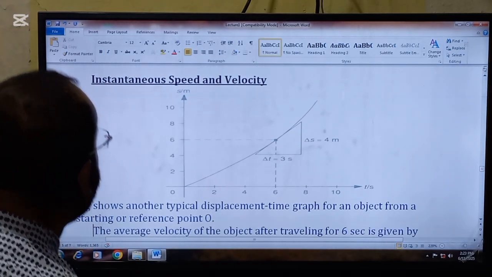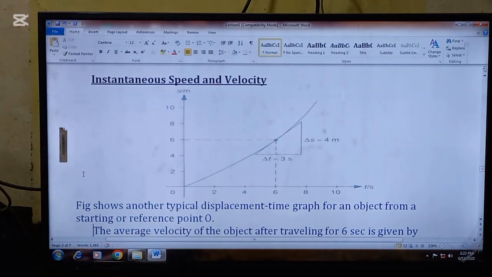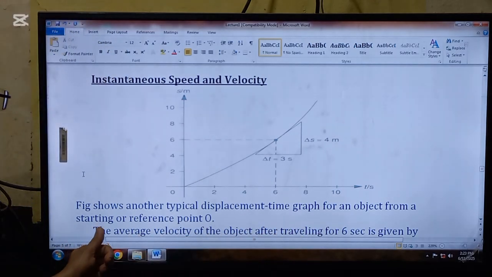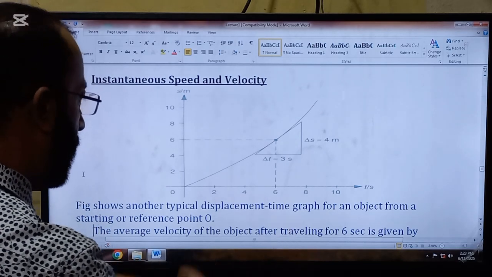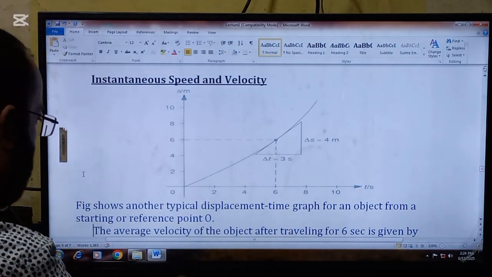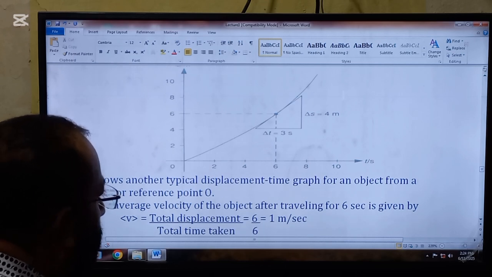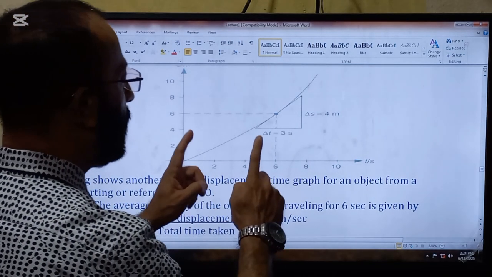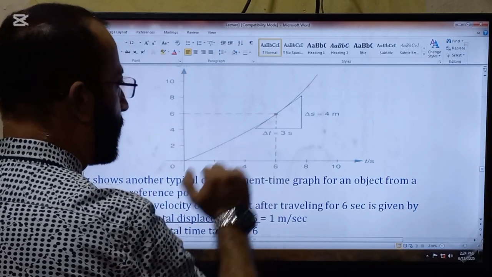The next thing which we are going to read is the instantaneous speed and velocity. Figure shows another typical displacement time graph for an object from a starting point or reference point O. So here is a distance time graph. The average velocity of the object after traveling for 6 seconds is given by. So look now, we are going to find the instantaneous velocity of the body at time 6 seconds.